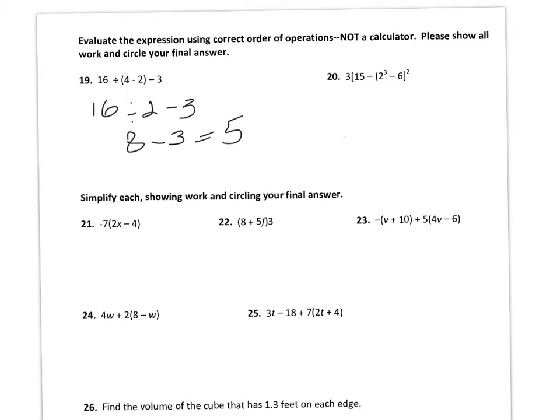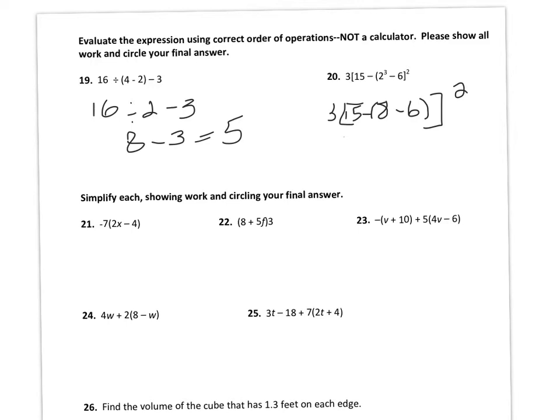On 20, we have to do the most inside parentheses, and I believe we're actually missing a parentheses by that 6. But within those parentheses, I would have to do 2 to the third, which is 8, minus 6, and put that into parentheses, minus 15, into brackets, and then I've got 3 out front and a 2 in the exponent. Now I'm going to do the most inside.